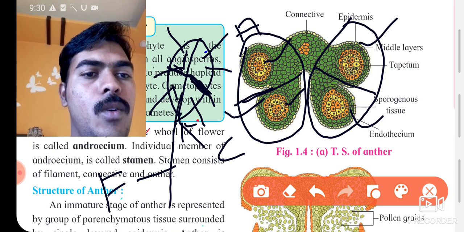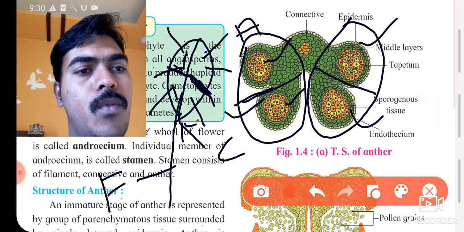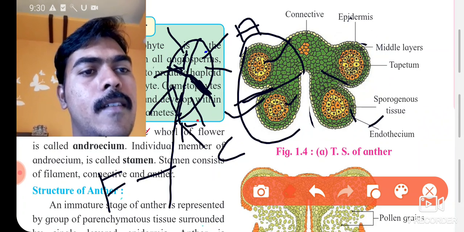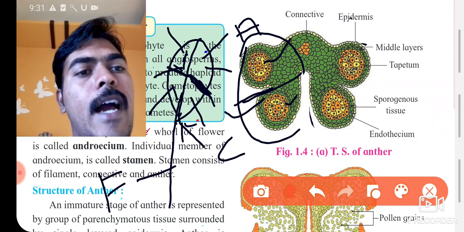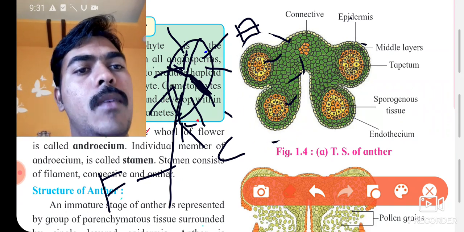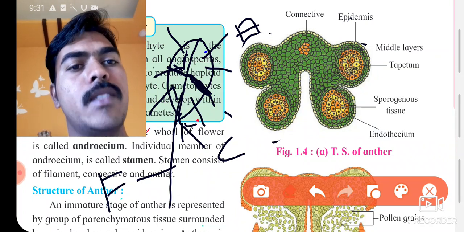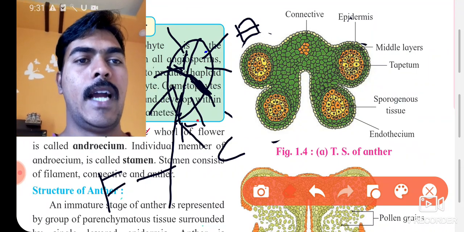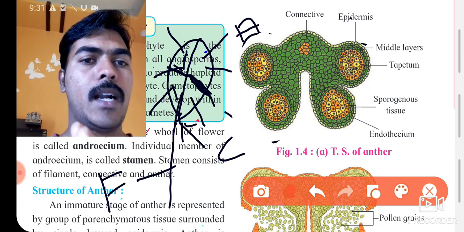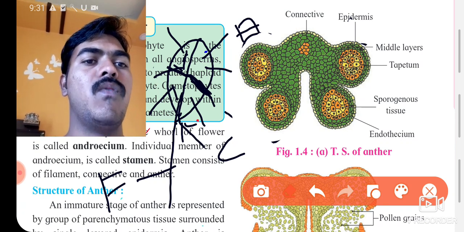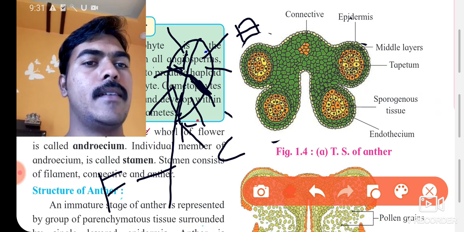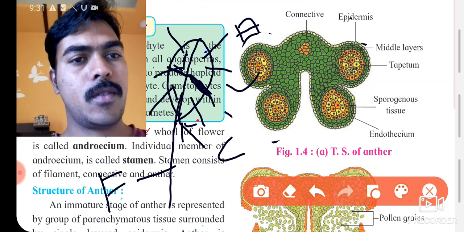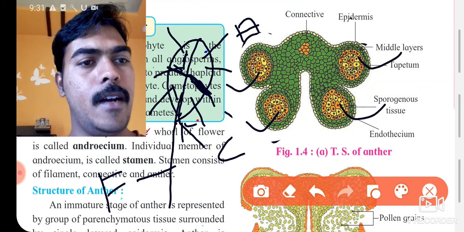Due to the presence of two lobes in the anther, they are called dithecous. Theca means sac. So two sac-like or bag-like structures are present in the anther, and each lobe further divides into two compartments. So there is a formation of four compartments, as you are looking here, 1, 2, 3, and 4.